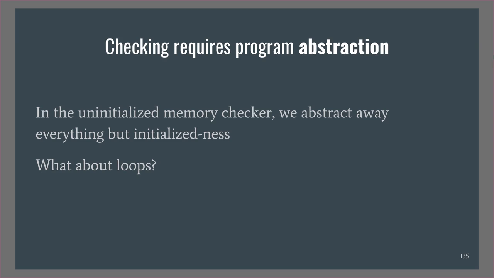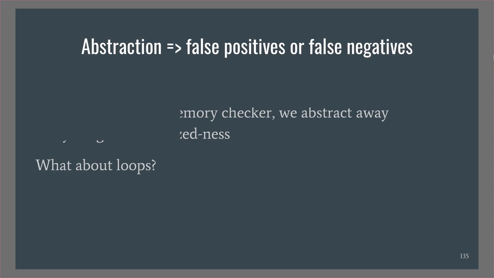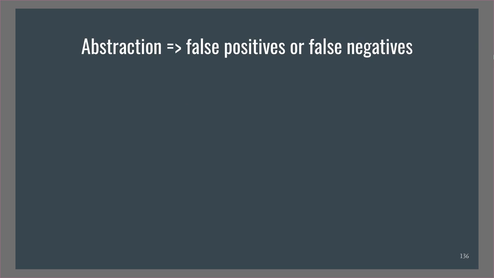That was a conservative abstraction. Abstraction implies that, in the general case, a checker will always either over-report possible errors or under-report them. That is, it will either report bugs that aren't real, or it will miss real bugs, or both, which actually becomes important when you're using static checkers in the real world.